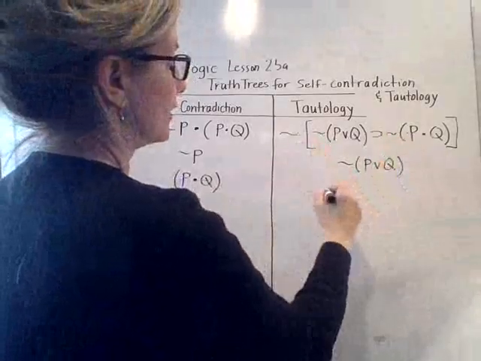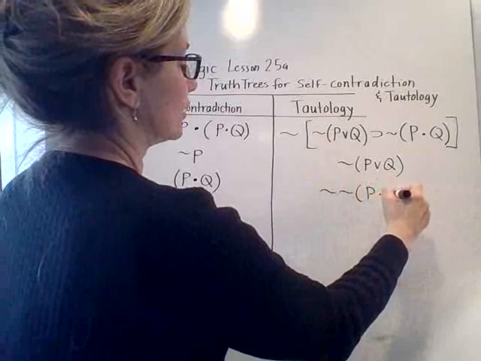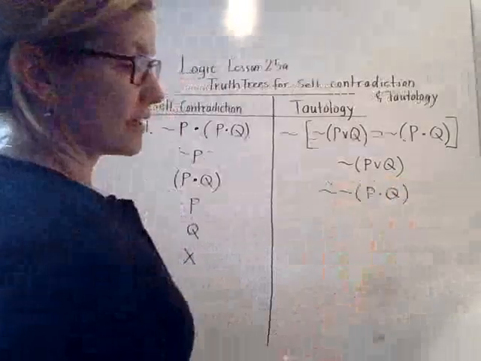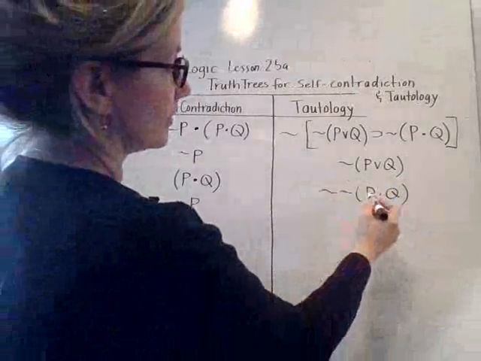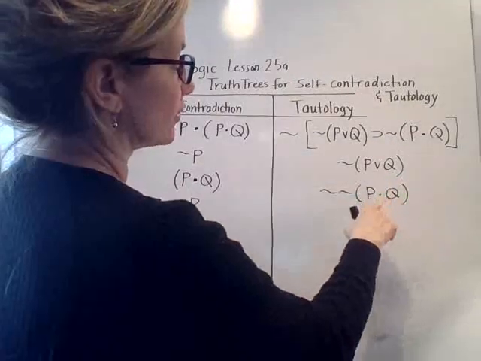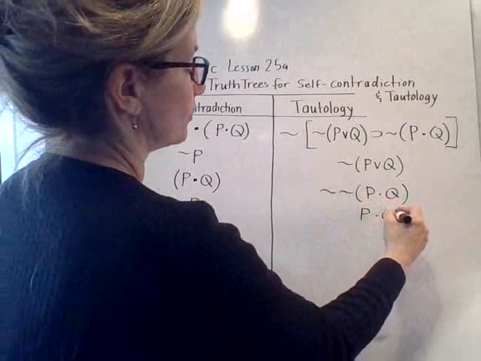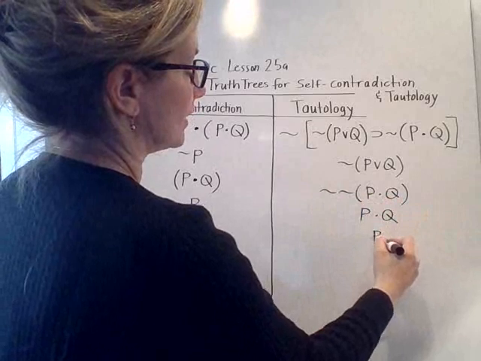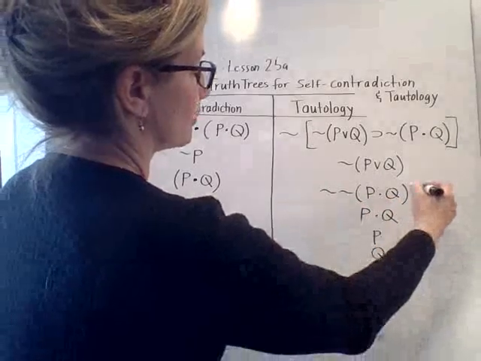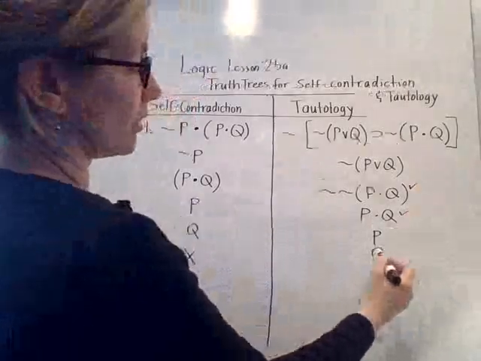So then we would have not P and Q. All right, we will go ahead and decompose this term first. So we know a double negation is just P and Q, and this decomposes to just P and Q. All right, so we're finished with this one and this one, so we'll check them off.